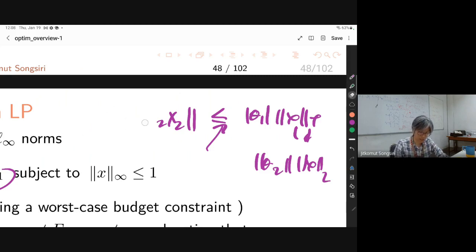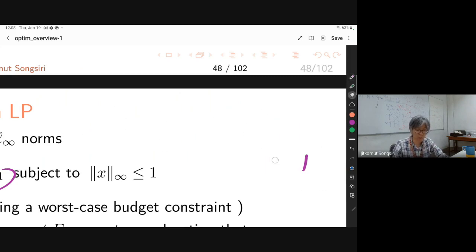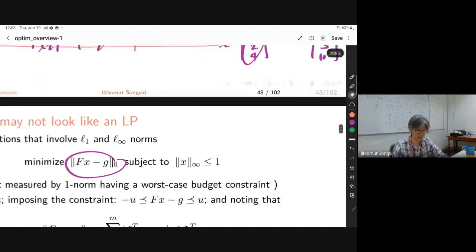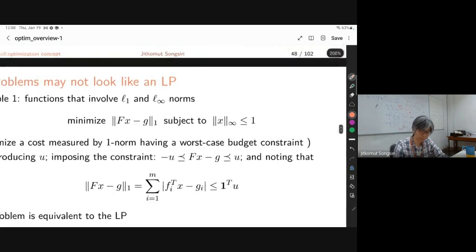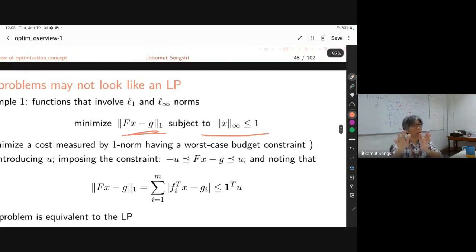But the L1 norm and the L infinity norm have a certain mathematical property. Okay, now this is a standard technique. This is a problem in application where you want to find again a linear model that approximates G, but the way you measure the error is you try to use the L1 norm instead of the 2 norm. All right, mean absolute error. That's what it means. At the same time, you have a constraint on your variable x.